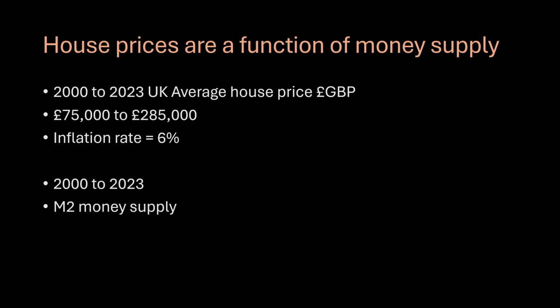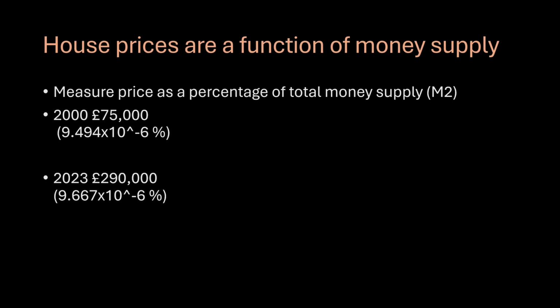We'll look at the same time period, we'll look at the money supply. It's increased in that same time period by 6.2%. So if the money supply is increasing by 6.2% and then the prices are increasing by 6%, then we take measurements of the absolute price, the price as defined as the percentage of the money supply.